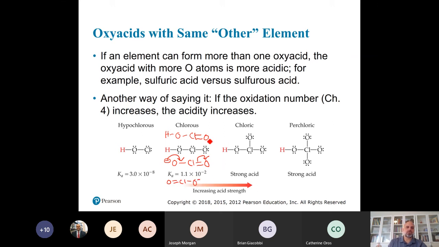So you're able to distribute the negative charge that's produced on all of the different oxygen atoms. So thus, on chloric acid and then perchloric acid, you have the exact same result.